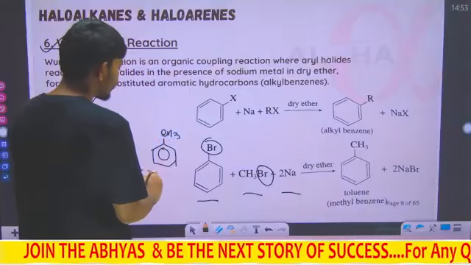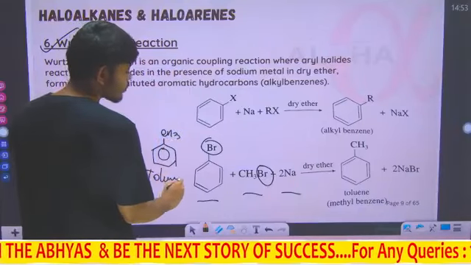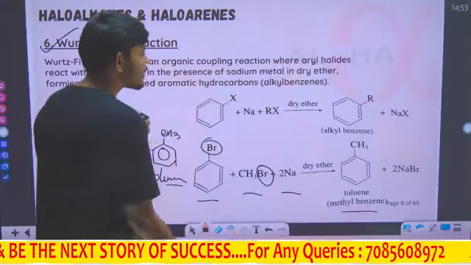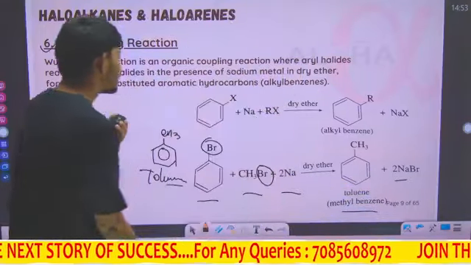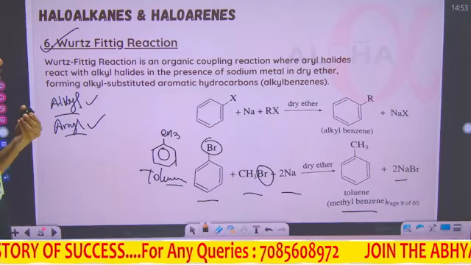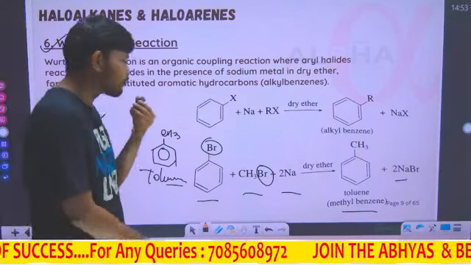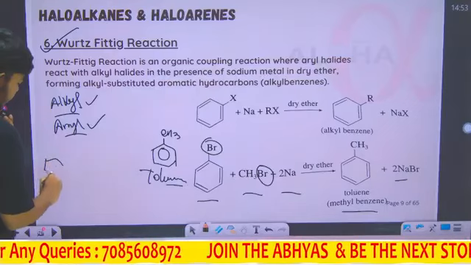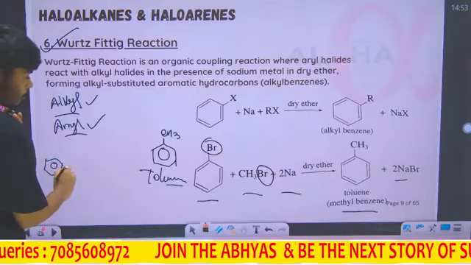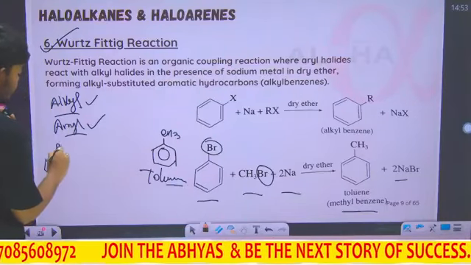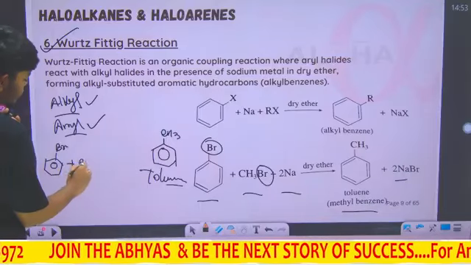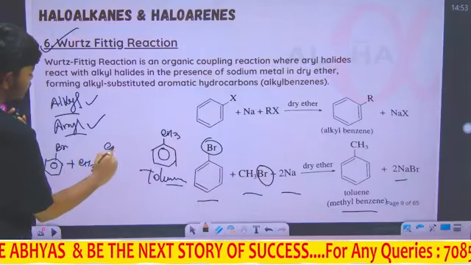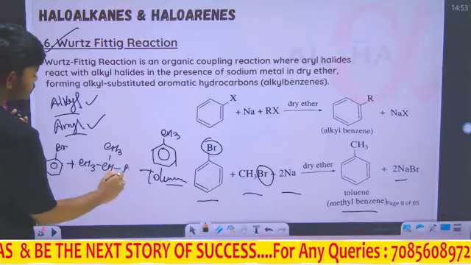What is the common name? Common name is toluene. What is the IUPAC name? This is your methyl benzene. You can do this with different kinds of species, I can give you hundreds of examples. So I'm writing one example. Suppose Br reacts with CH3, suppose Br.